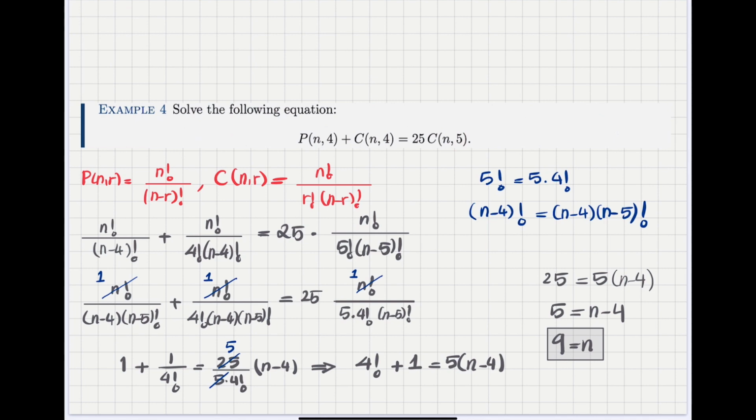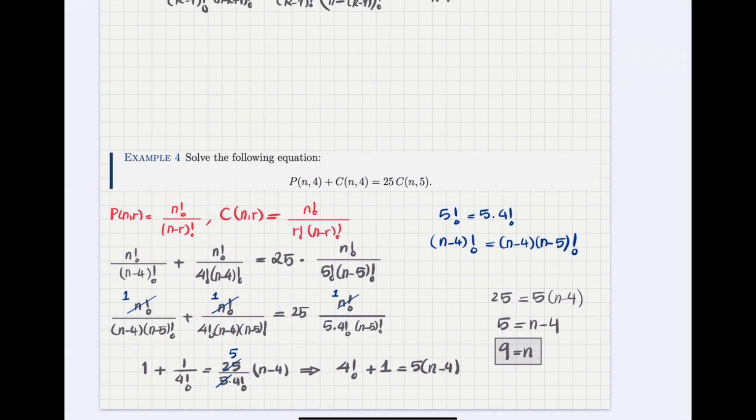If that's not the case, this symbol is not defined in the first place. So assume that you solve the problem, and at the end, instead of getting n equal to 9, you get n equal to 4. You should be careful, this is not acceptable. And then you would say that there are no solutions for this, because n equal to 4 is not acceptable for this. Okay, so that's also another type of question that you might face.